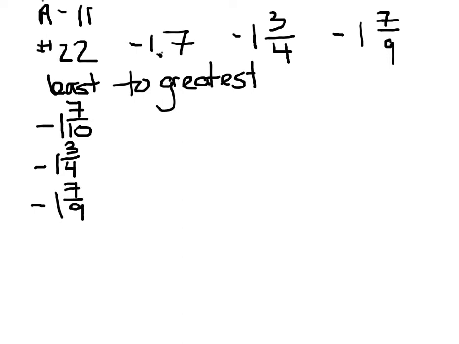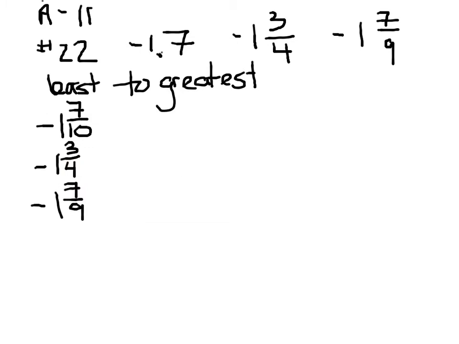So in order to compare them, I need to have a common denominator. I look at 10, 4, and 9, and there's nothing that goes into both 10, 4, and 9. So I'm simply going to have to get a common denominator. That's going to be my 10 times my 4 times my 9.